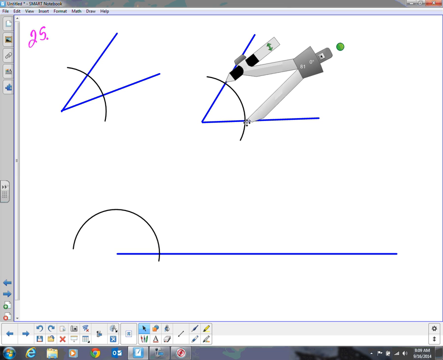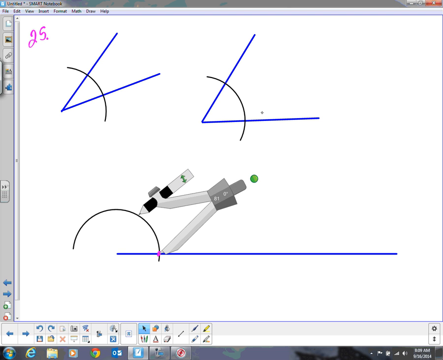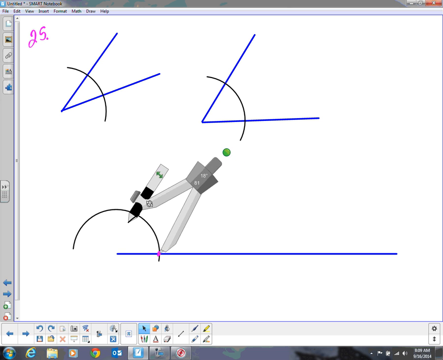So do you see where your compass point is? The only hot point that we have right now, this is a hot point because that's where the arc intersected the segment. And the hot points are usually where our compass is going to go. So I'm going to put my compass point here, and on this arc, I'm going to mark off.